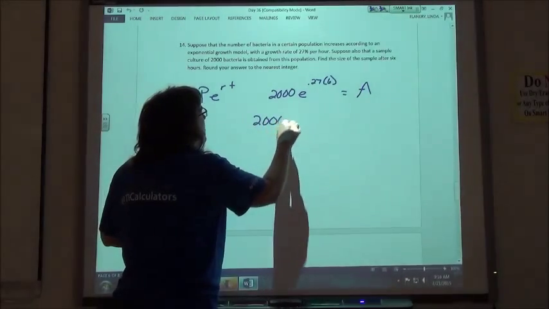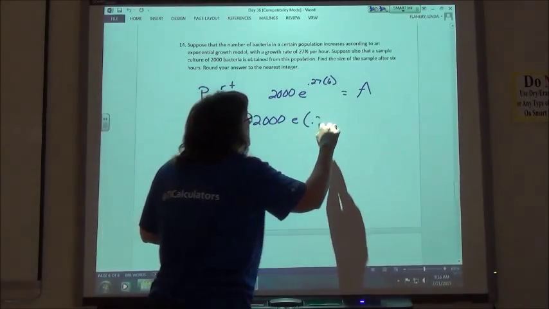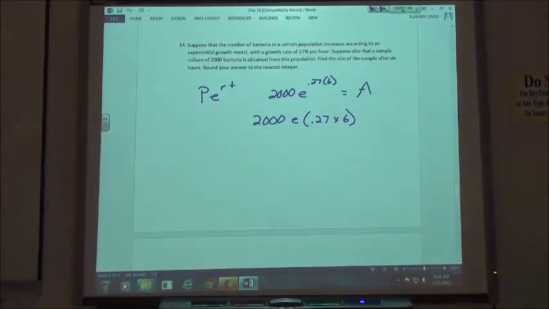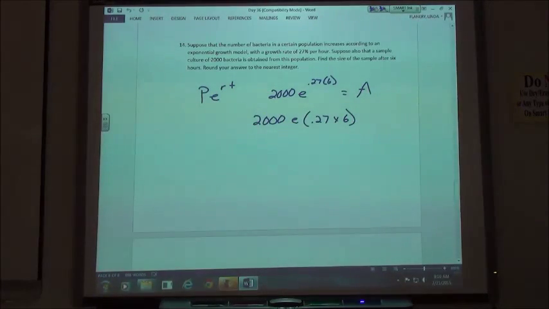So on your calculator, again, you're going to put the 0.27 times 6 in parentheses. It should look something like that, at least on the Casio one.